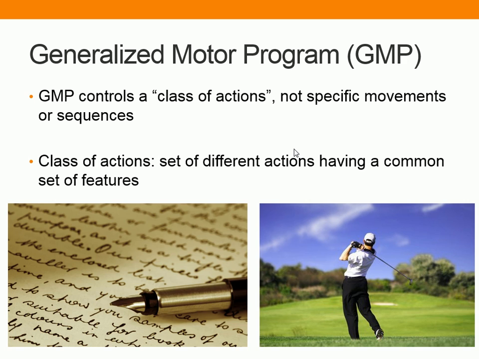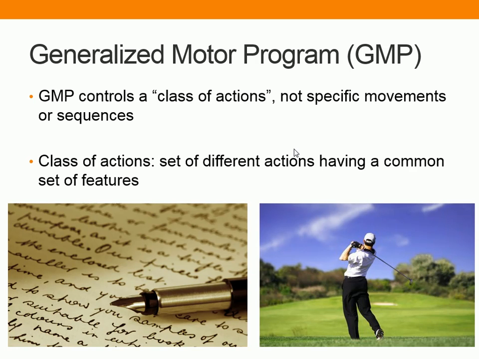Okay, so to address the issue of storage, we considered the concept of instead of having a motor program for everything, maybe we have generalized motor programs that control a class of actions or a number of related things, as opposed to having a completely separate program for every single thing we would do. So a class of actions is a set of different actions that have a common set of features.